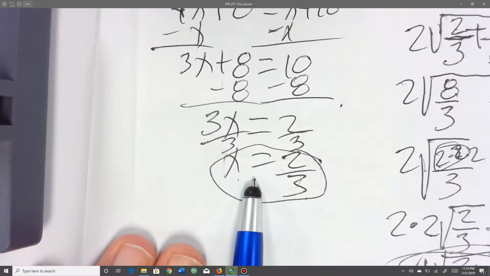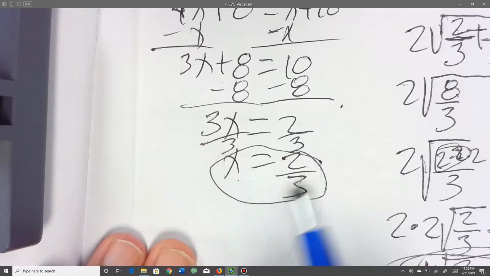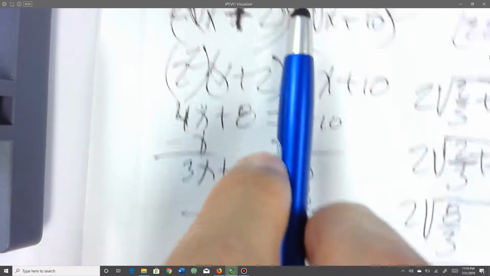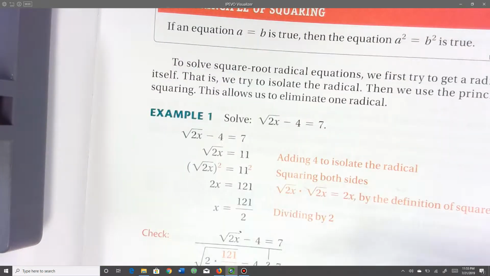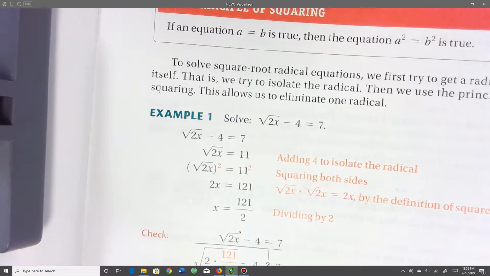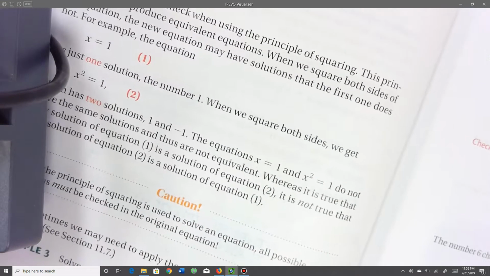So this value is a solution of this equation. Okay, so it did work. All right, so that's how you can check if the value you got was correct.